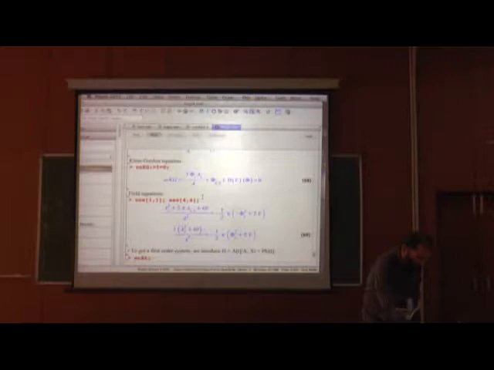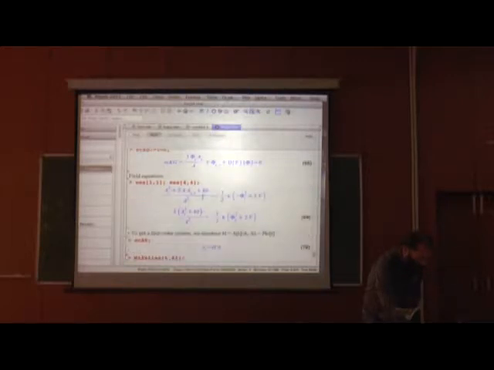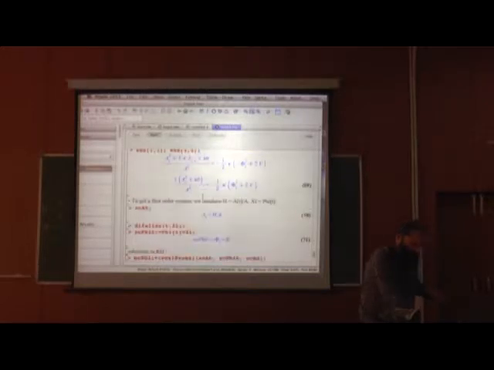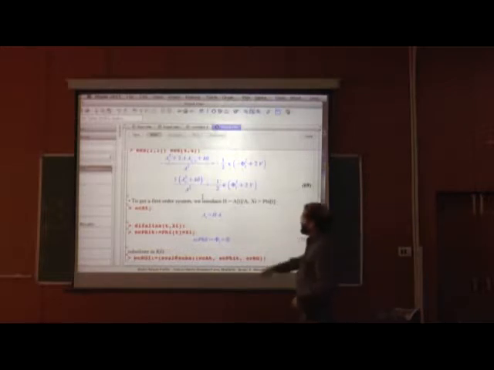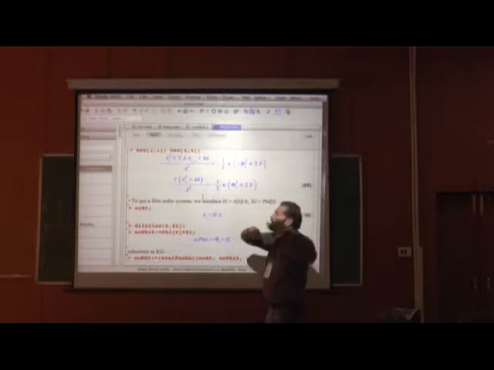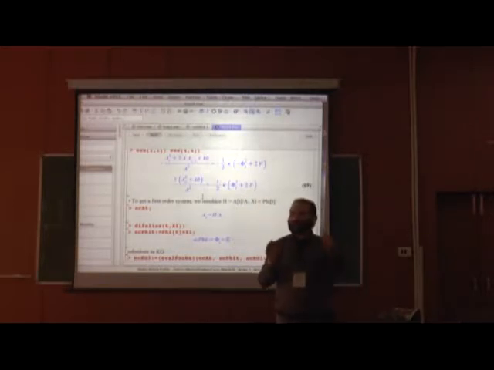So to get a first order system, we do the same as we did before. We will use a function chi, and why do we do that? Because notice that there is no phi, only derivatives of phi, first and second derivatives of phi, right?